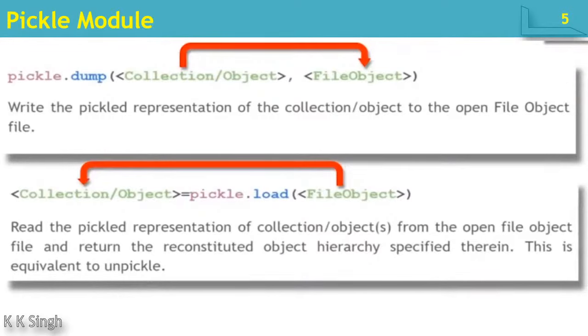It writes the pickled representation of the collection object to the open file object. The syntax for reading should be like object is equal to pickle.load and the file object. So if I say rec, meaning record, is equal to pickle.load and the file variable or file object.